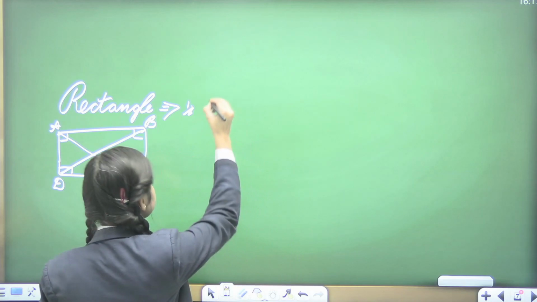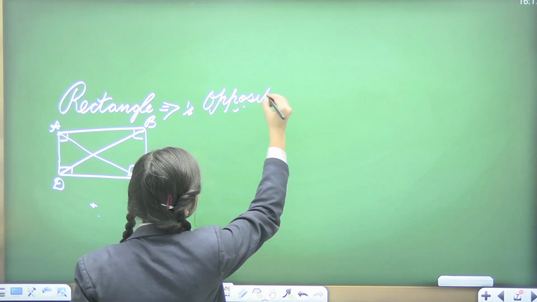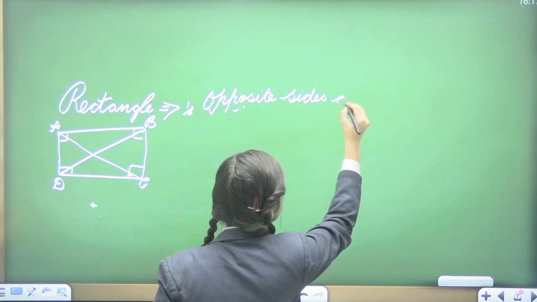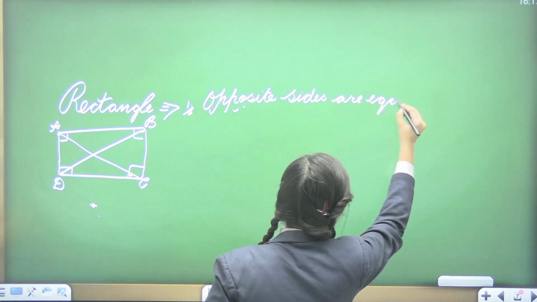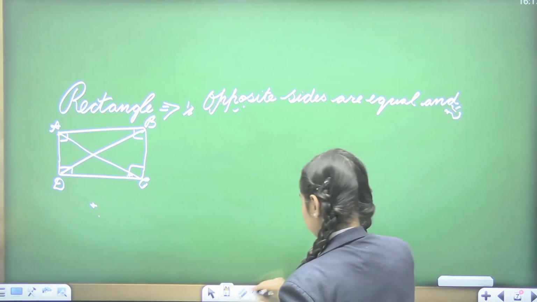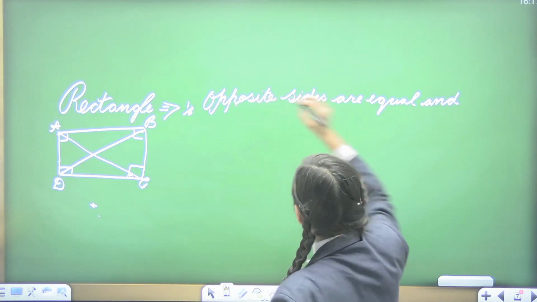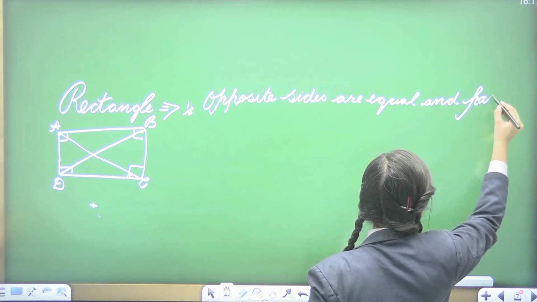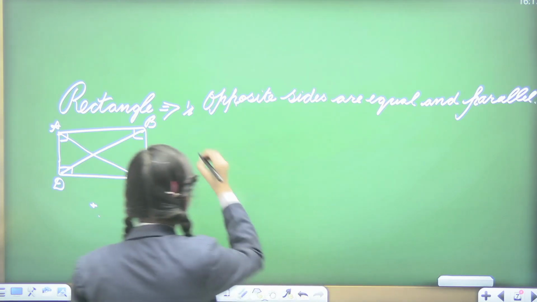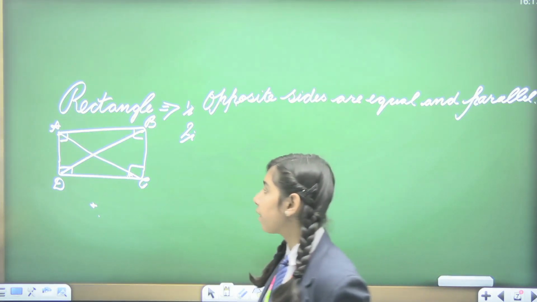So the first point is opposite sides equal, and we know about the second point, that is each angle is 90 degrees, like a square.